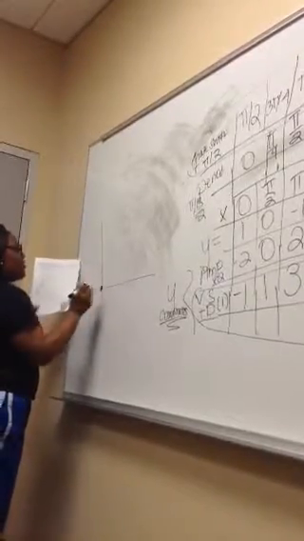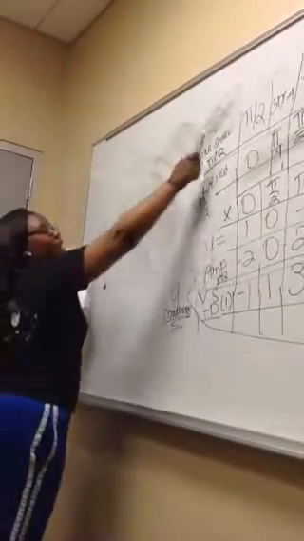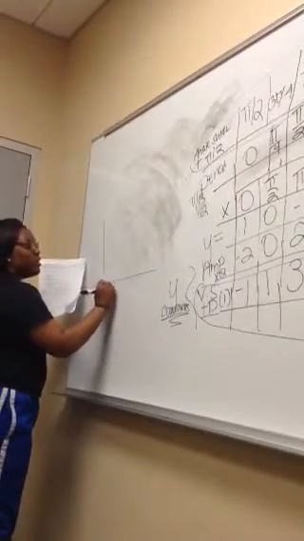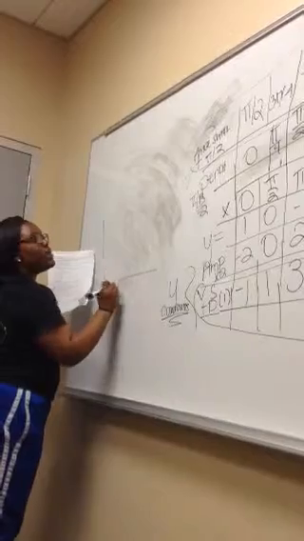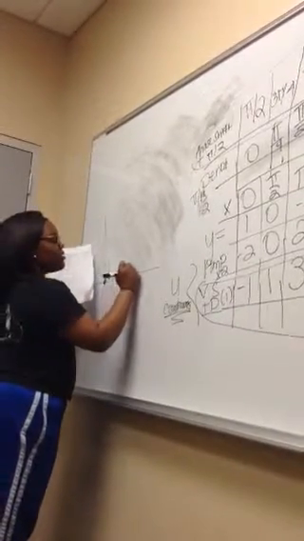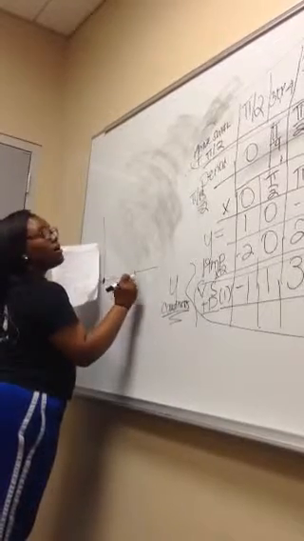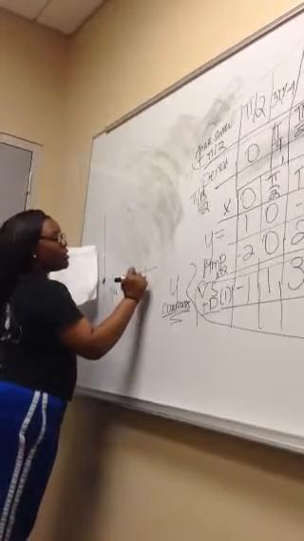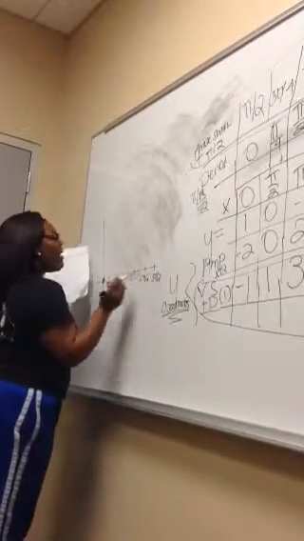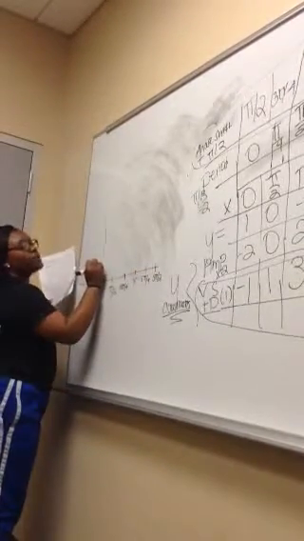When we graph, like I said before, these are your x and these are your y's. So we're going to put these on the x-axis, and the other coordinates will go on your y-axis.